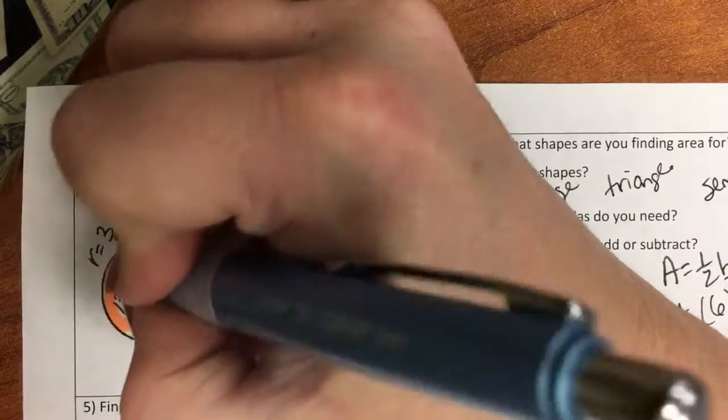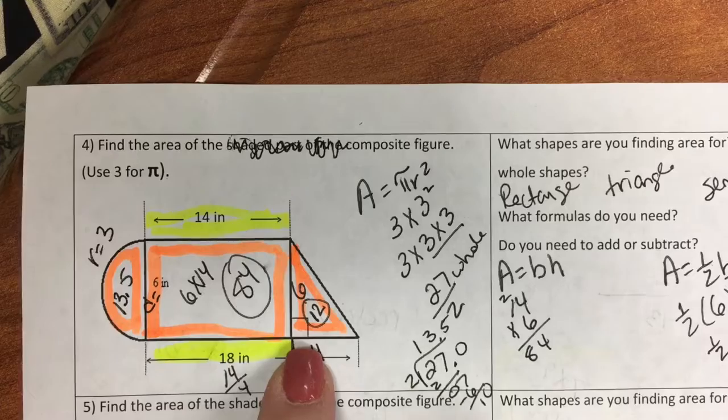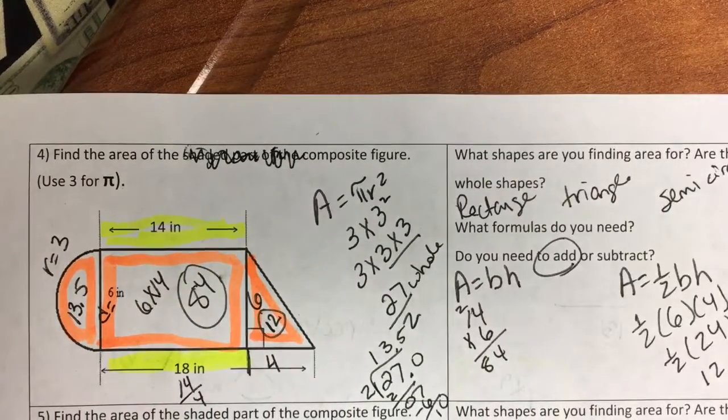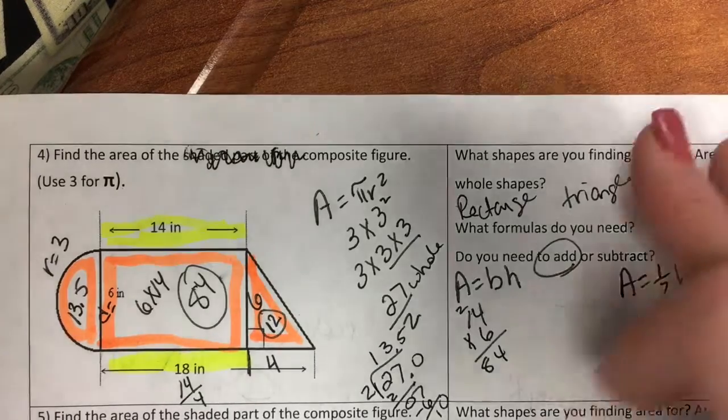All right, so I've found the area of each shape. So now I'm going to add these together to get the area of the whole thing.